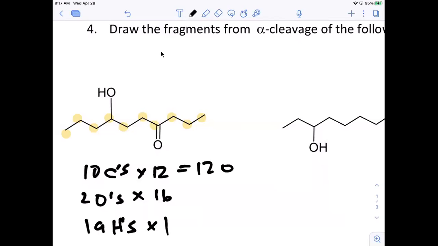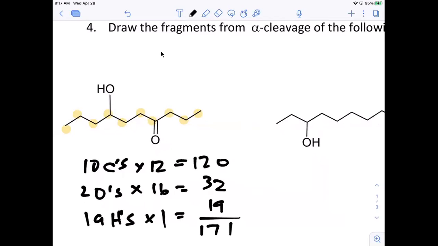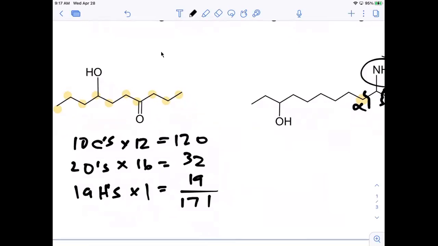That's 120, 32, 19 is 171. Is that right? So the total mass is 171 grams per mole for that compound. If I injected a sample of that into a mass spectrometer, what would the parent peak be for that compound?